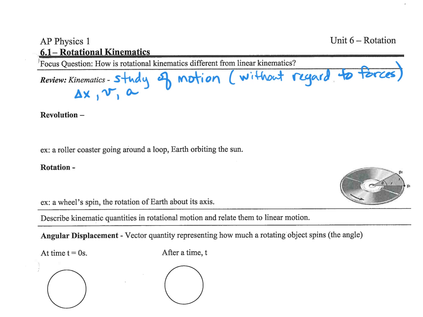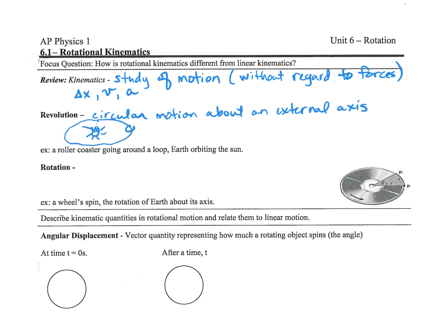So, a revolution is circular motion about an external axis, right? So we've got the sun, and we've got the Earth going here, okay?